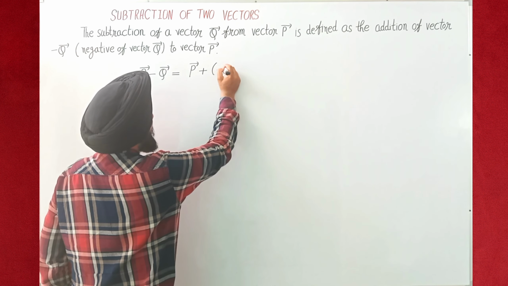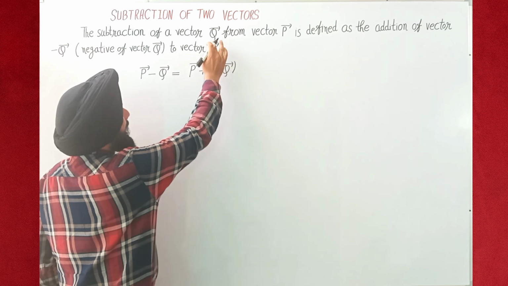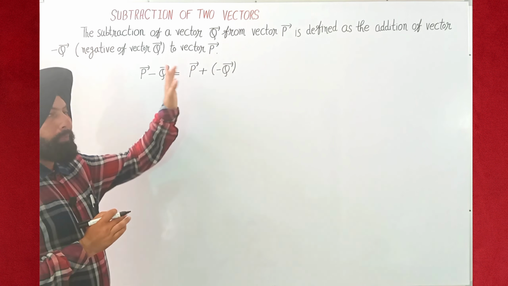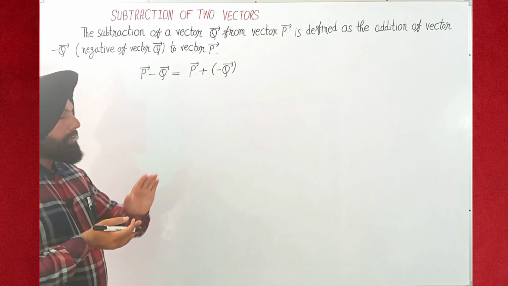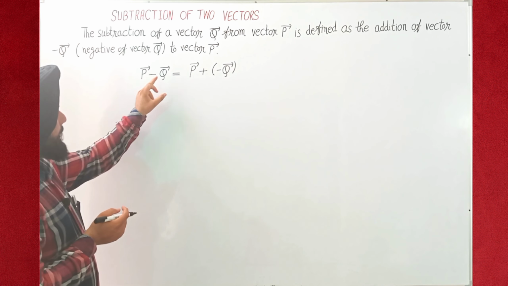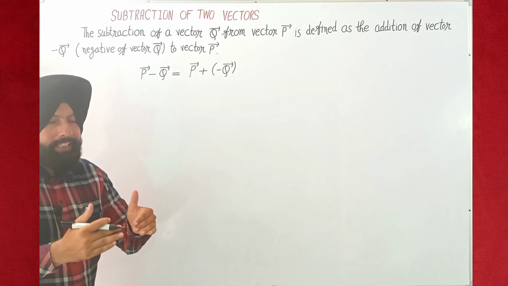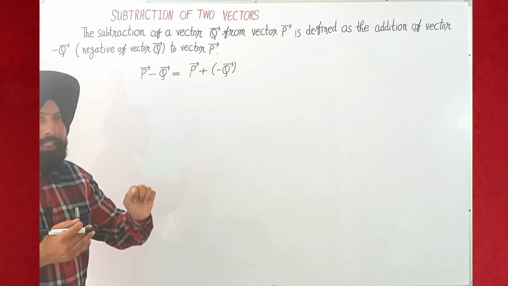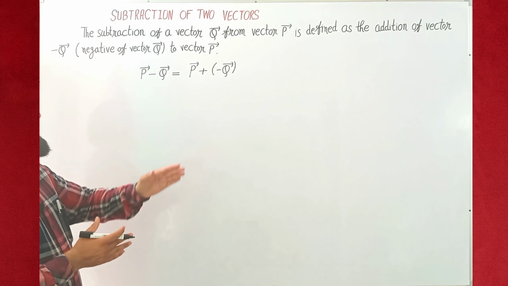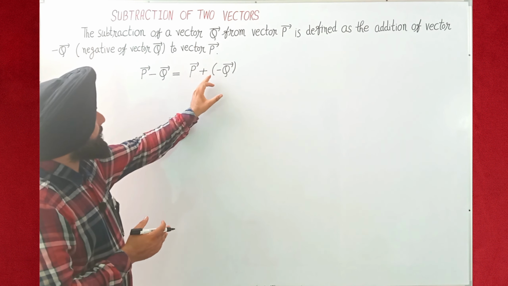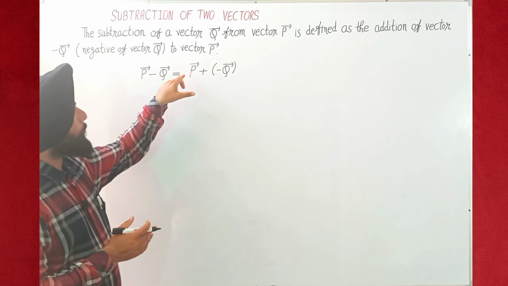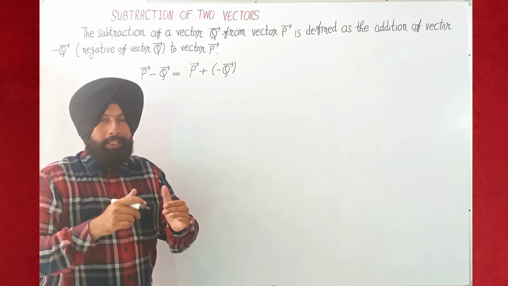Negative of vector q to vector p. Subtraction of two vectors: subtracting vector q from vector p is the addition of negative of vector q to vector p.